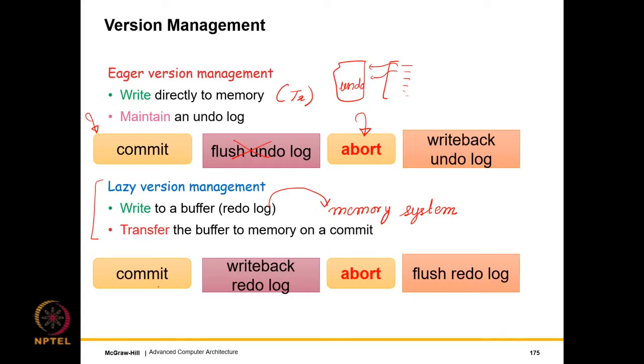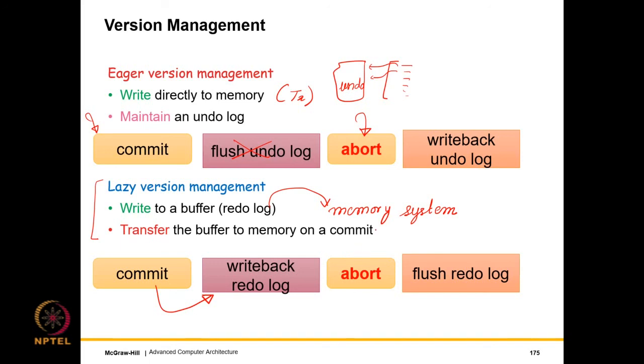So the moment that we commit a transaction, the redo log is written back to the memory system.